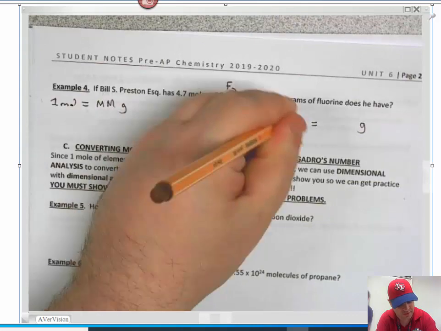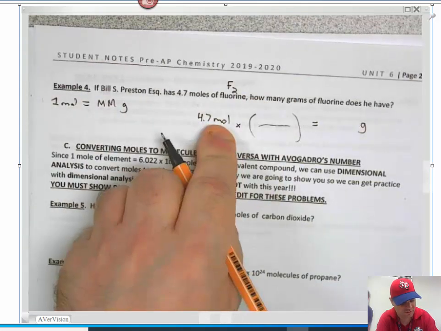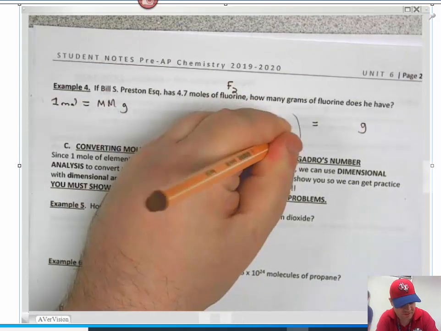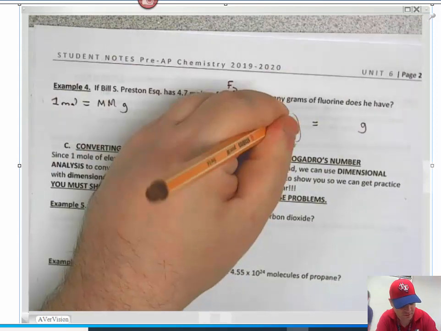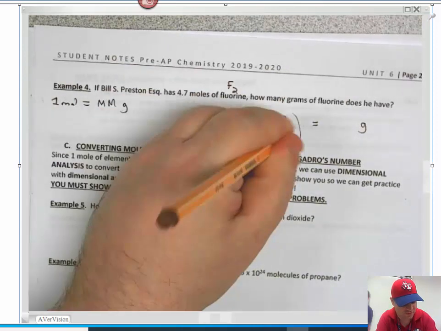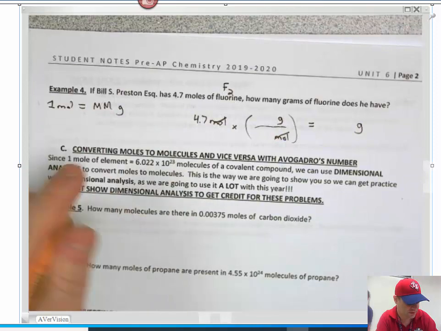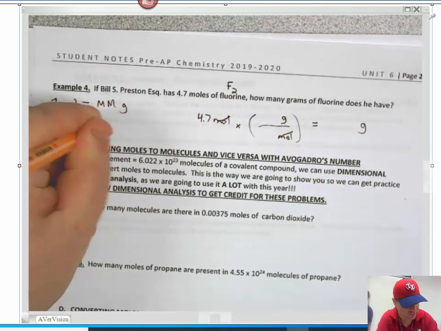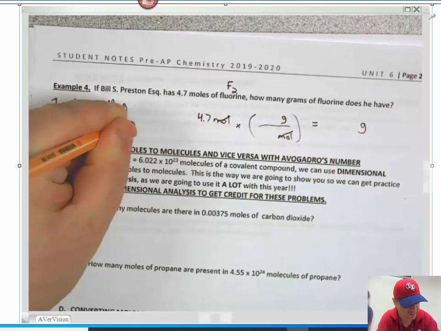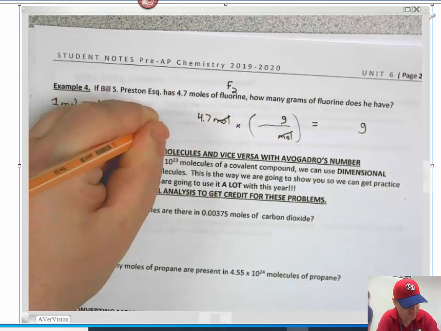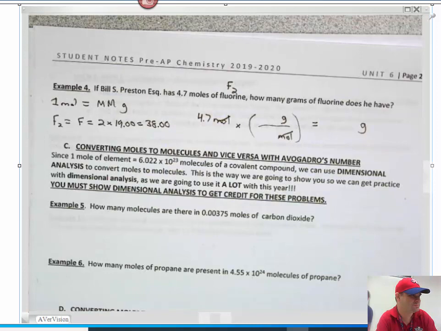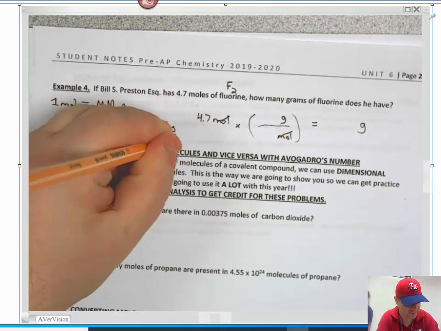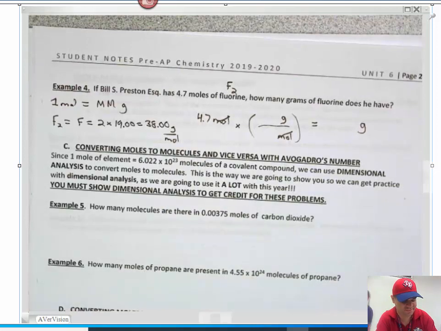So this time when I set up my conversion chart, moles is on the top, moles goes on the bottom. What are we going to convert to? Grams. You have to find the molar mass of fluorine. Fluorine has 2 times 19.00, which equals 38.00 g/mole.